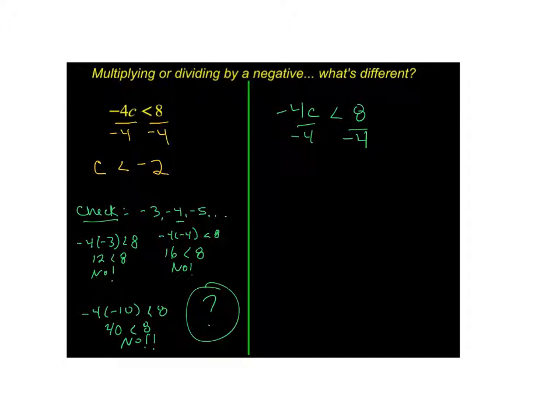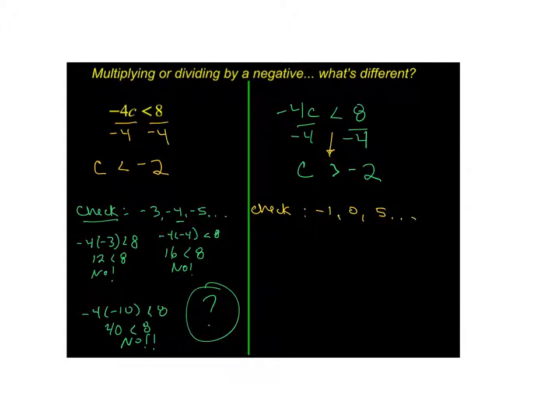Let's just see what happens if I plug in numbers this time that are greater than negative 2. Notice what I did: I flipped the sign, because now I just want to check and see what will happen if I try checking it with, say, a negative 1 or a 0 or even a 5, numbers greater than negative 2.